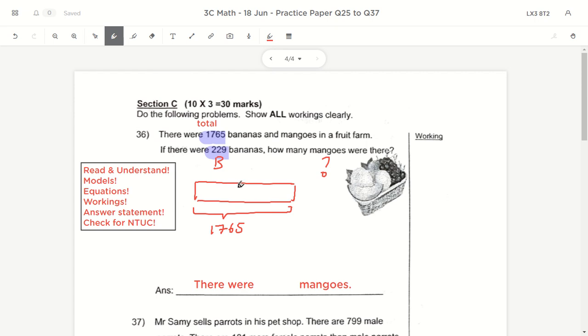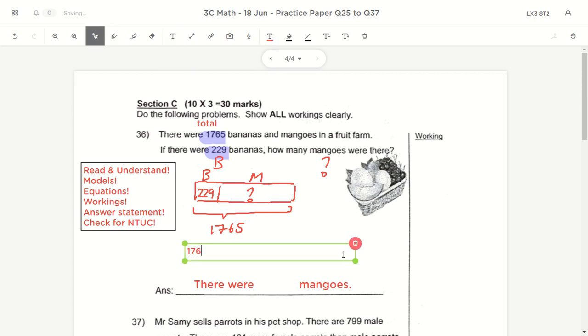I have 229 bananas. This is my banana, this is my mango, and this is my question mark. So simple part-whole model. How to find mangoes? Total minus banana.